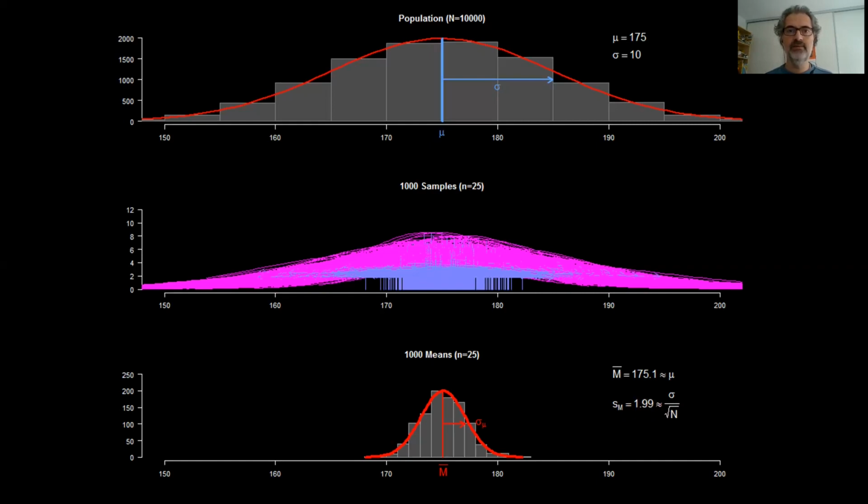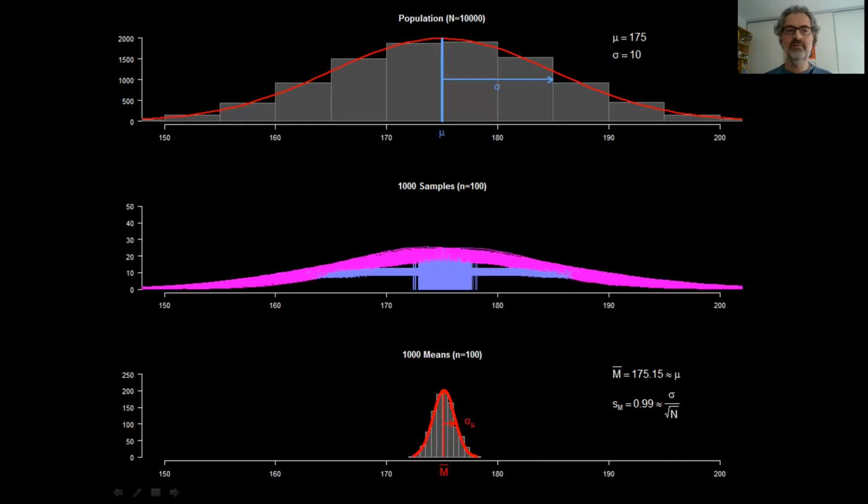What if we had used samples of size 100? So let's draw 1,000 samples of size 100 instead and do the exact same thing. Here are the results. These are all our means from the samples of size 100 drawn from the same population, their histogram. They're normally distributed. Their mean, so the mean of means, is 175.15 for this simulation, and their standard deviation is about 1.